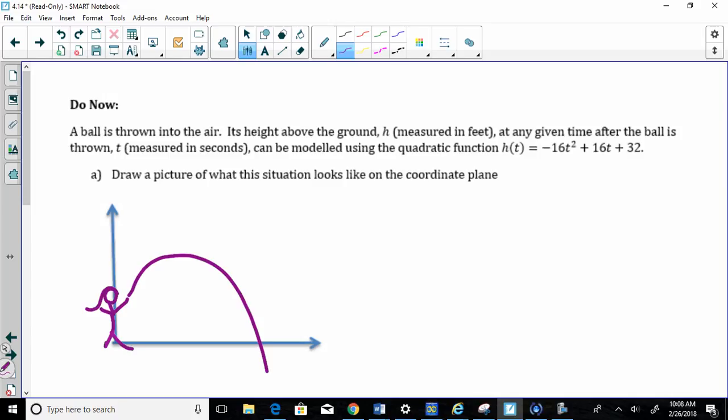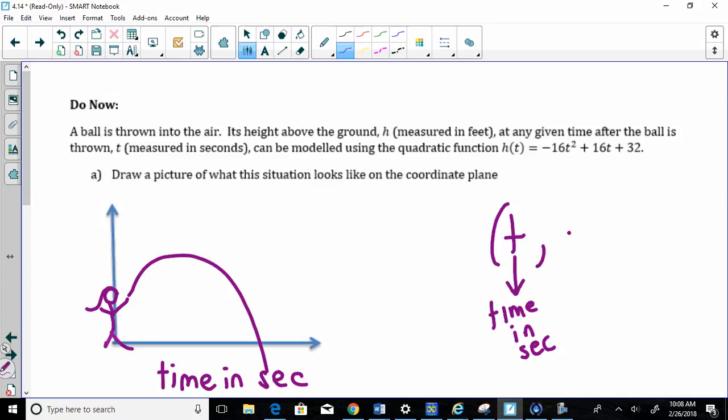So first of all, what is the x coordinate here? Or t, because they're using t right here. Time, right? Time in seconds. So first I need to label what's going on. My x coordinate or my t is time in seconds.